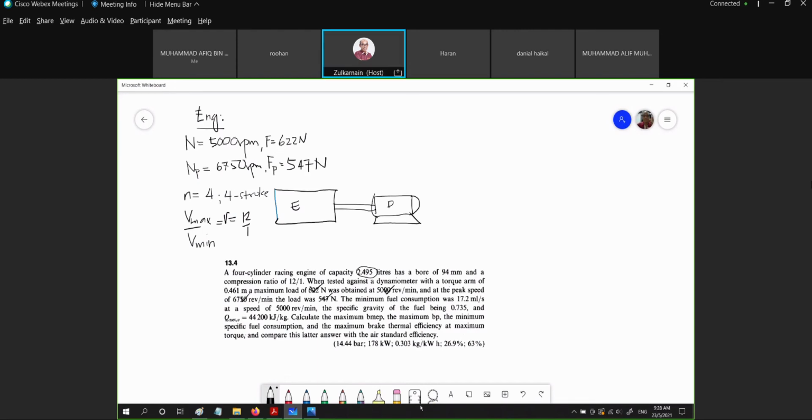CC, yeah, cc. What is the given symbol for that? If you look right here, we have the L, right? Only the bore, yes, the bore. The D is given as 94.